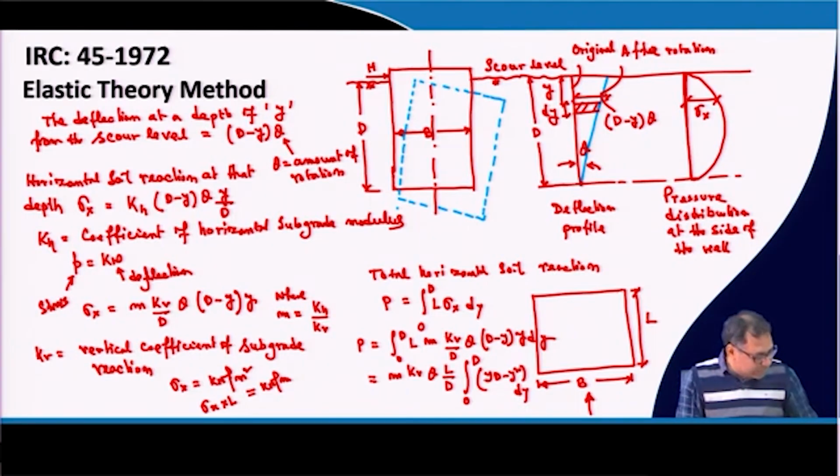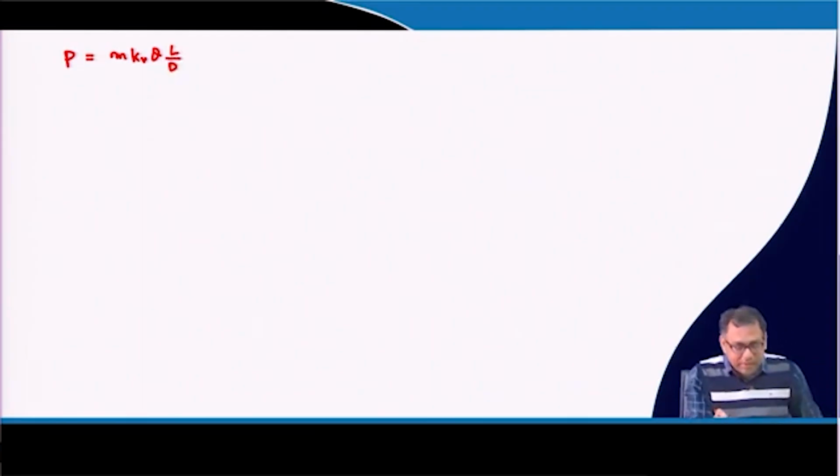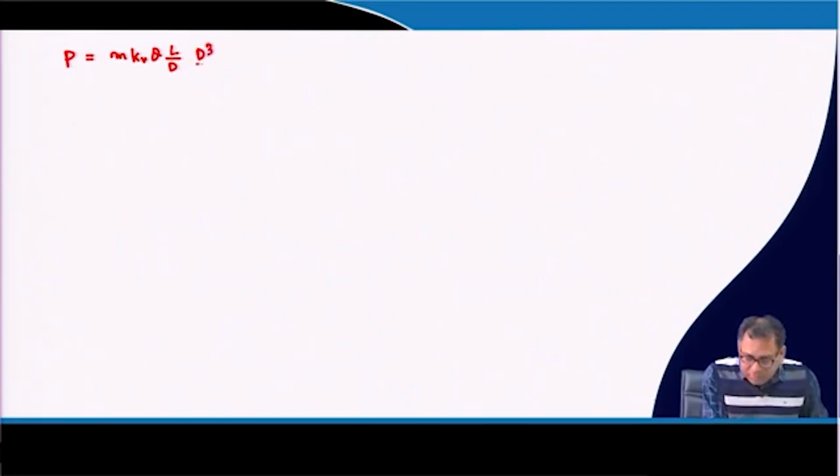So, finally, after integration 0 to d of y d minus y square dy, we will get that P is equal to m kV into theta L divided by d, and after integration putting the limit of 0 to d, we will get d cube by 6.